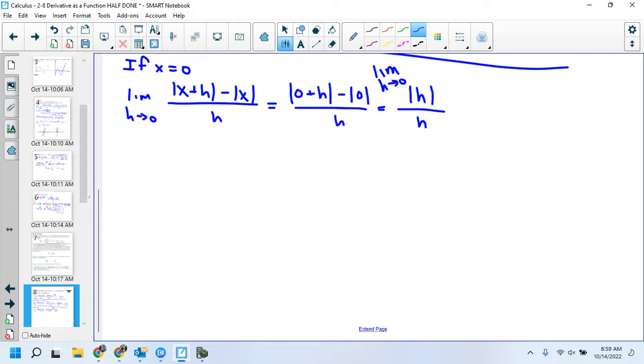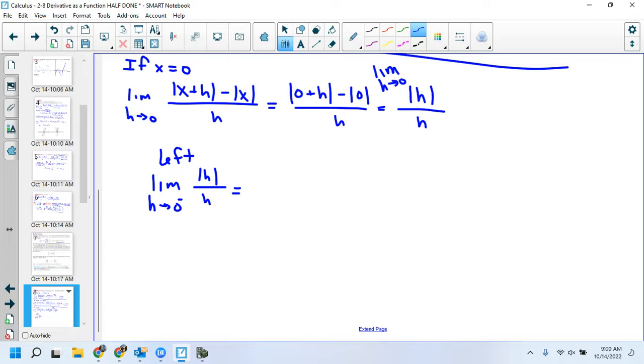Okay. Now, to evaluate a limit like this, we need to evaluate it from the left side and the right side. Okay. Left side limit. The limit as h goes to 0 from the left of the absolute value of h over h. Well, if it's on the left side, h is negative, right?